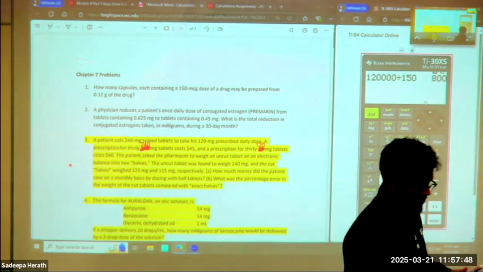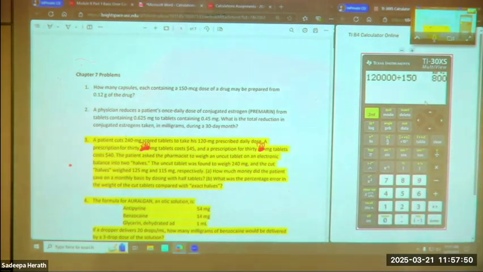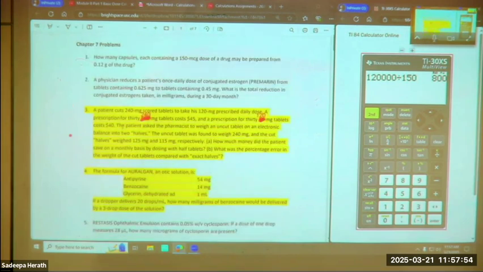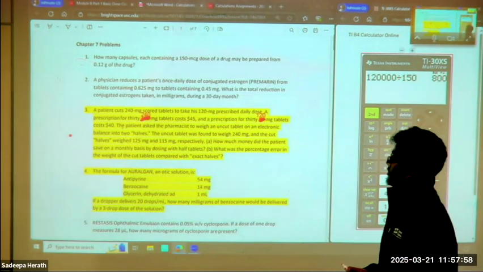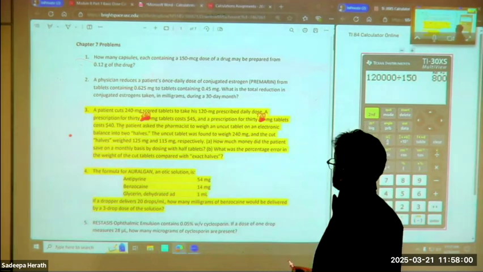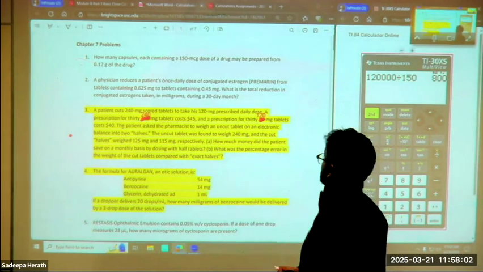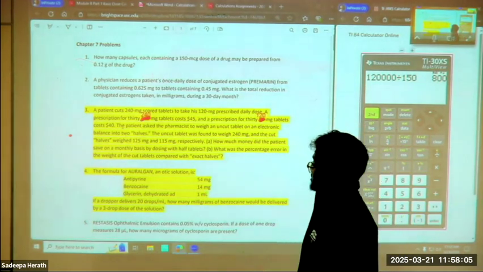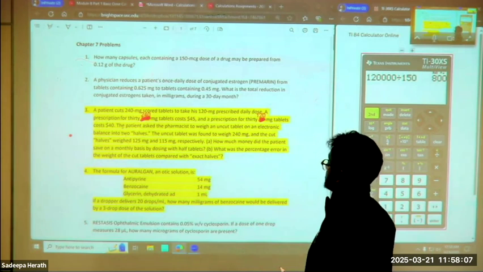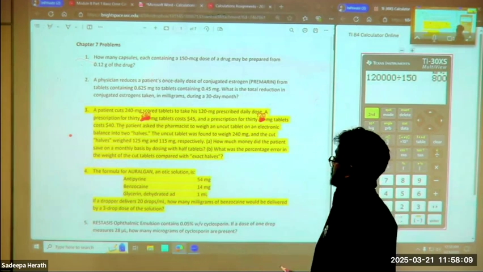Again, just being aware of units before really getting into numbers, right? A physician reduces a patient's once daily dose of conjugated estrogen, brand name Premarin, from tablets containing 0.625 milligrams to tablets containing 0.45 milligrams.